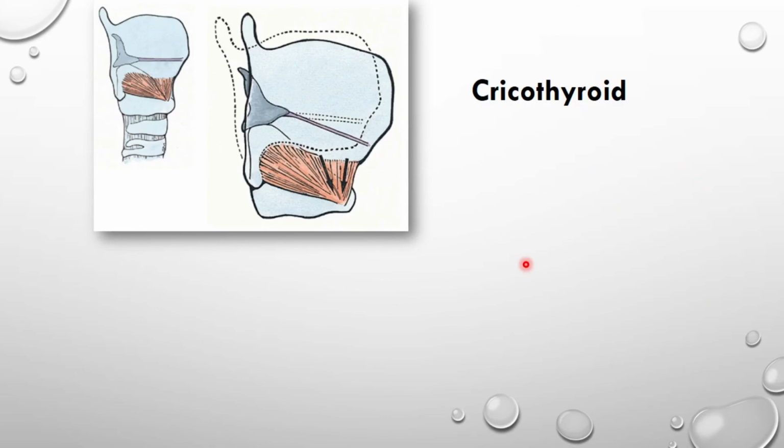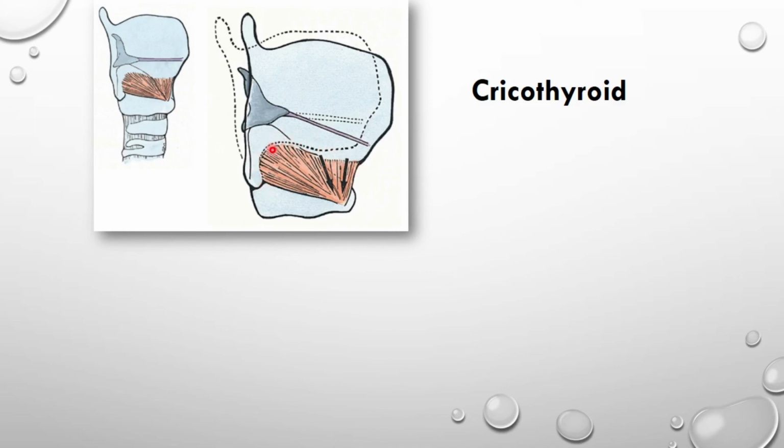So the first one I'm going to mention is the cricothyroid muscle. This lies anterolaterally. It attaches from your cricoid cartilage to the lower end of your thyroid cartilage on each side.